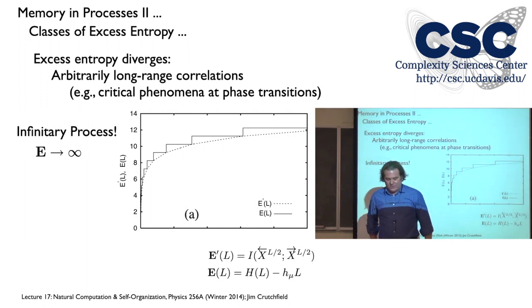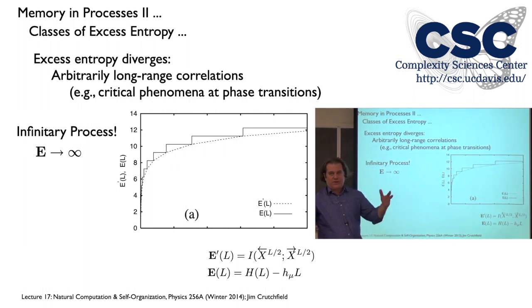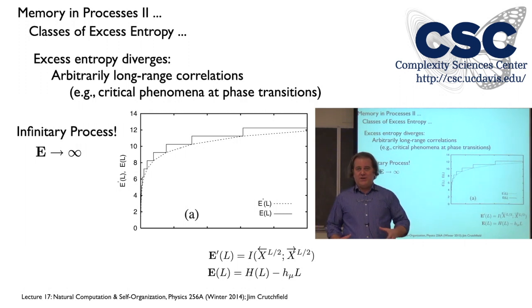There's a class of processes called critical phenomena that have arbitrarily long-range spatial and temporal correlations. And this is one example of that kind of process. Right? Physicists would say, oh, the material, or the liquid, or whatever is at a critical point, and we have these long-range temporal and spatial fluctuations in structure. And here, we're giving you a way to measure this.